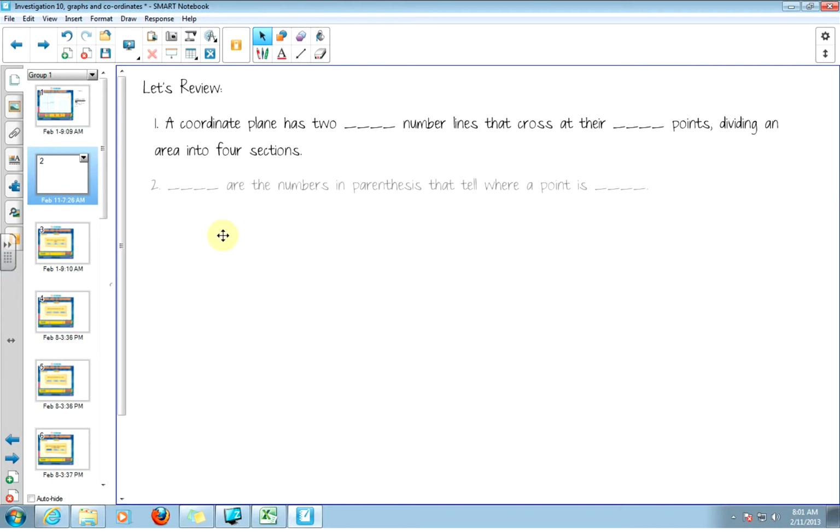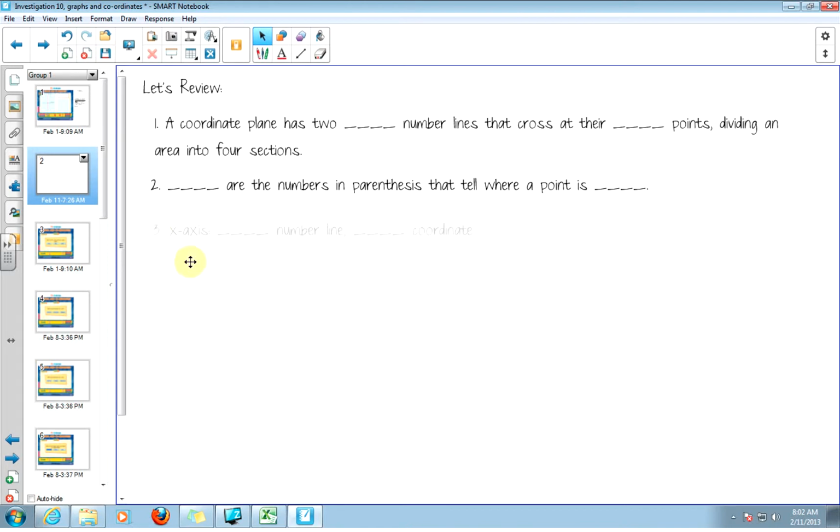Number 2. Blank are the numbers in parentheses that tell where a point is blank. You should have answered that coordinates are the numbers in parentheses that tell where the point is located.